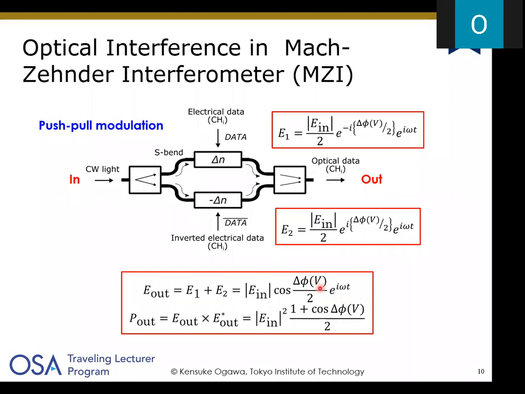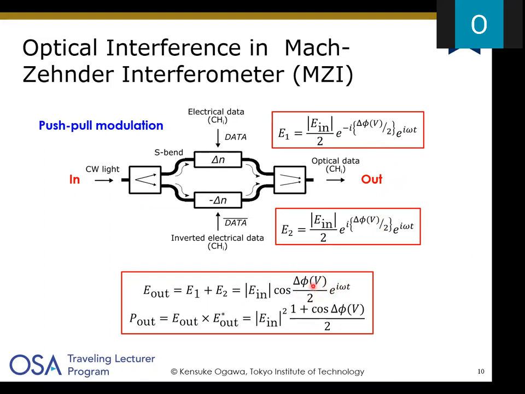The term V is the voltage applied externally. Half of the V is applied to this arm, and half of the voltage is applied to the other arm. The phase difference between these two arms is like this.